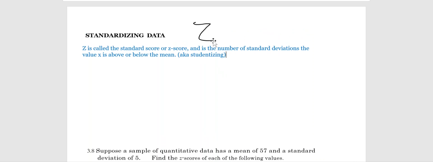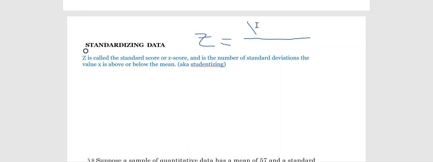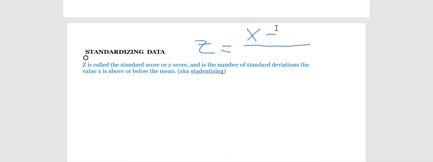So Z is just equal to the fraction. I have some value of interest, which we call x, minus the mean, so x bar.